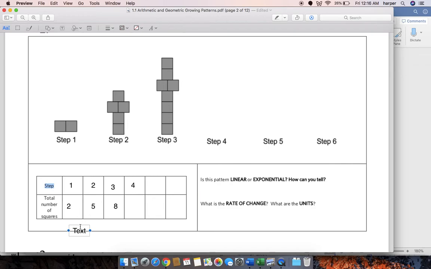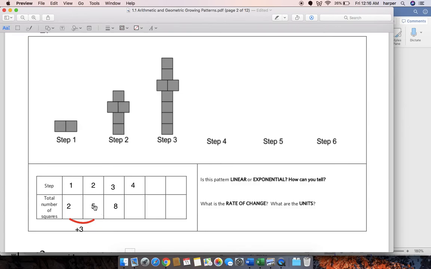But can I add anything to 2 to get 5? Well, yeah, I can add 3. So right now, I hope you're thinking, Miss Harper, this is easy peasy. This seems like a linear. But let's check. Remember, always check your step 3.